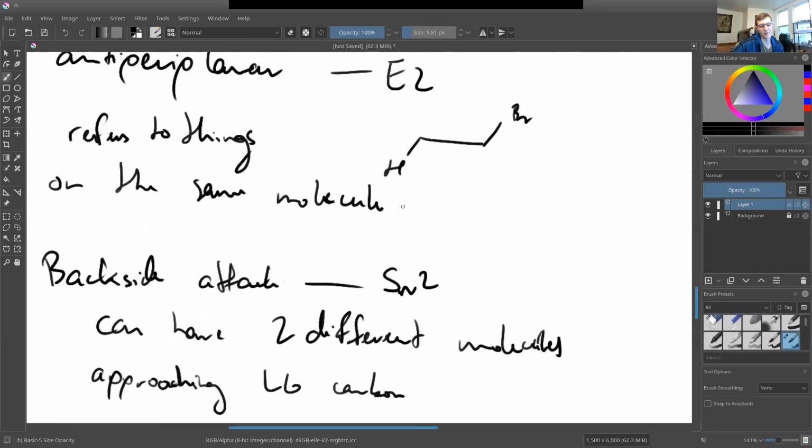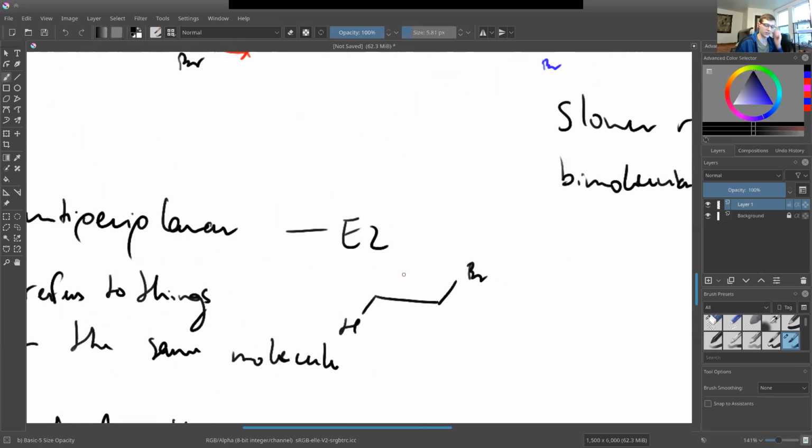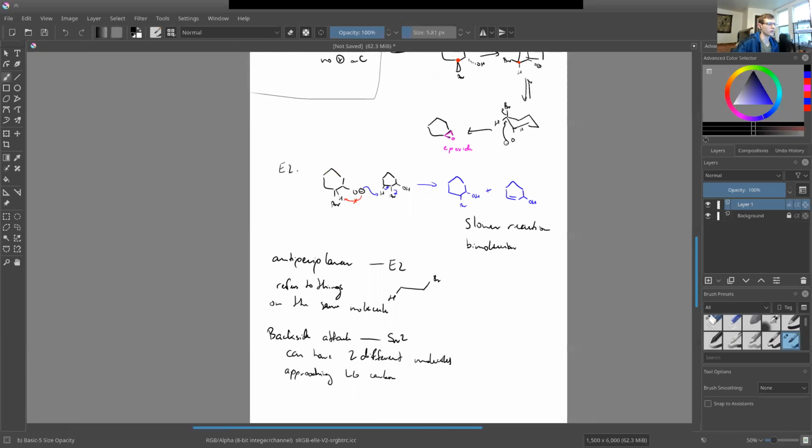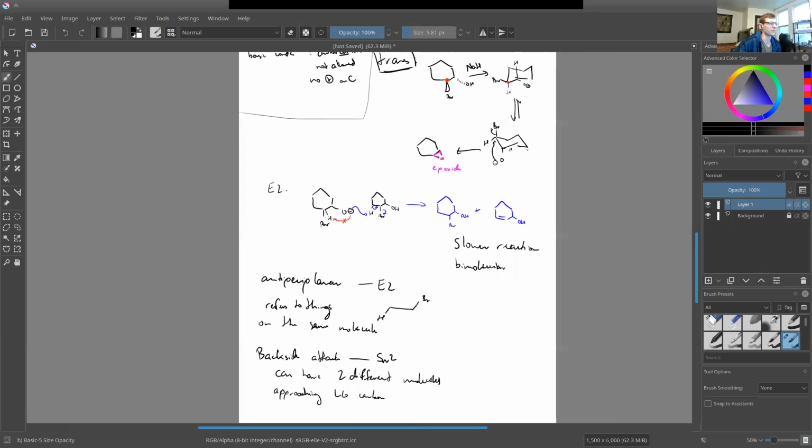So in this case, where I had drawn it up here, this oxygen and bromine are anti-periplanar. That refers to their orientation. But we're not doing an E2.